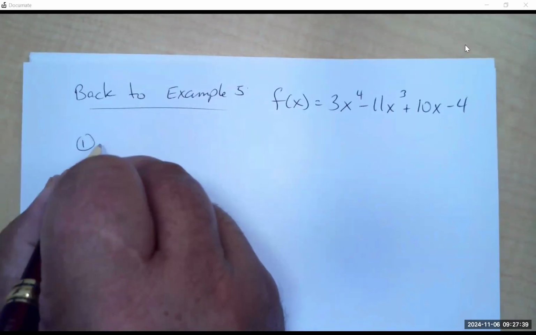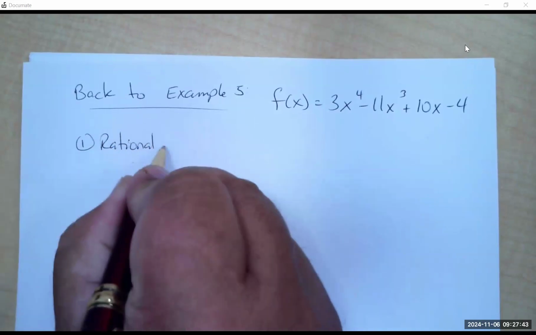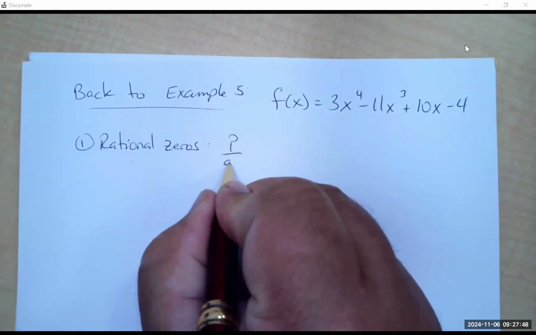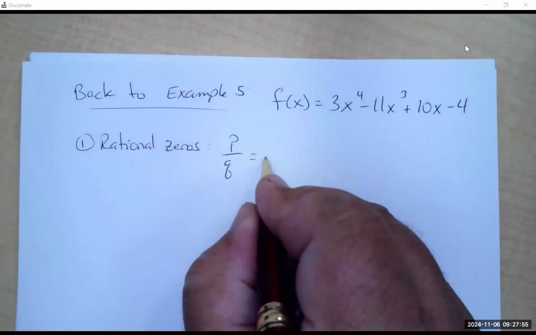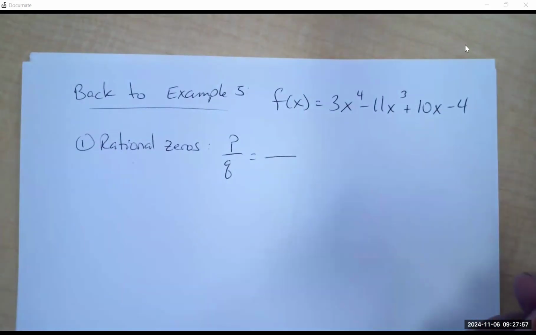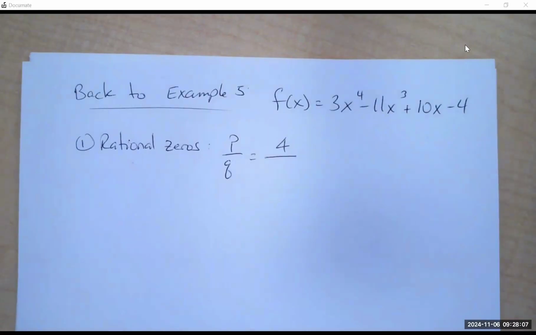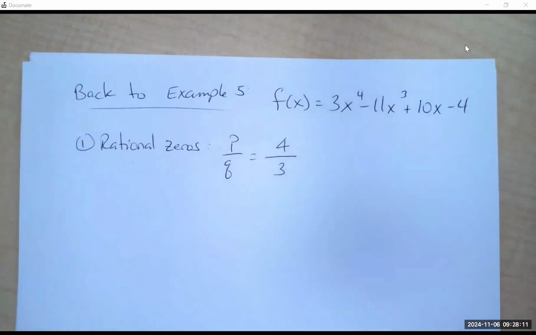So first off, we have to do the rational zeros, P over Q. What is P? Factors of which one? The constant. So it's the factors of 4. Don't worry about the signs because remember, we got to take the plus or minus of them anyway. And the Q is 3.